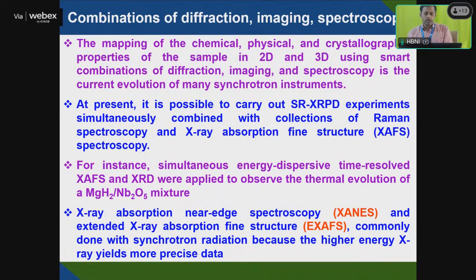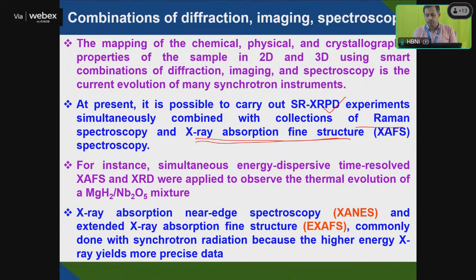So as I told, you can combine diffraction with other techniques, like imaging or spectroscopy. At present it is possible to carry out synchrotron powder XRD experiments coupled with Raman spectroscopy and X-ray absorption fine structure, which I will discuss now.